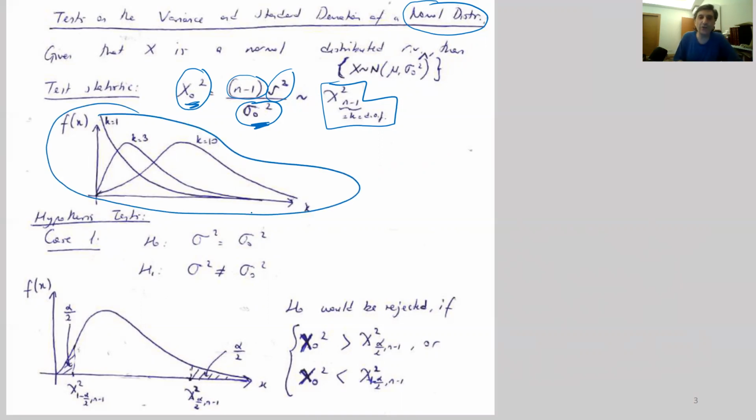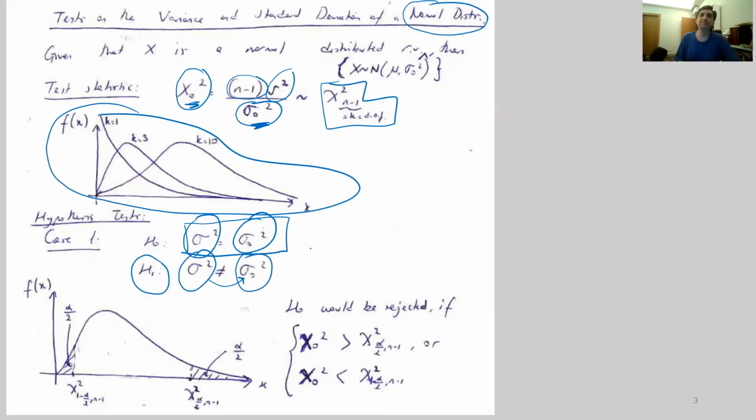So what kind of hypothesis test can we have here when we would like to test the variance of a normal distribution? The null hypothesis is that the variance of our process is equal to a given value. The alternative hypothesis is that the variance of our process is not equal to that specific value.